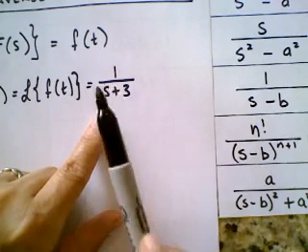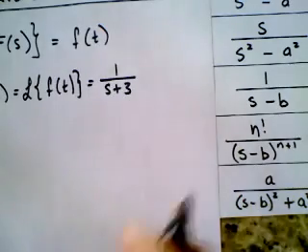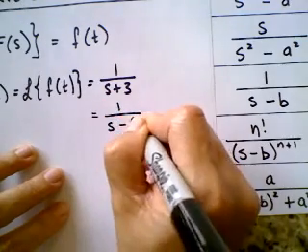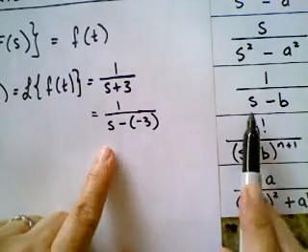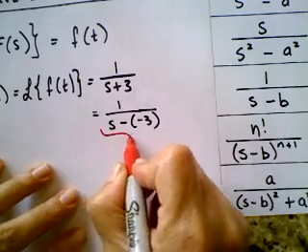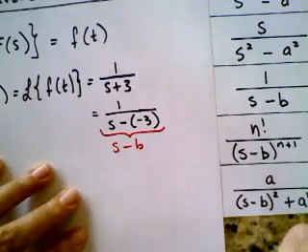But that plus sign, all that means is you must just change the form of your function, right? So we're going to write that as 1 over s minus, minus 3. Okay, because then you've got the same form as number 7. So you would have that the denominator is going to be s minus b, right?